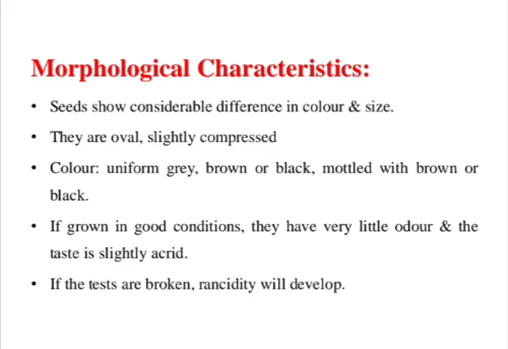Morphological characters. Seeds show considerable difference in color and size. They are oval, slightly compressed, with color uniform grey, brown and black, mottled with brown or black. If grown in good condition, they have little odor and the taste is slightly acrid. If the seeds are broken, rancidity will develop.